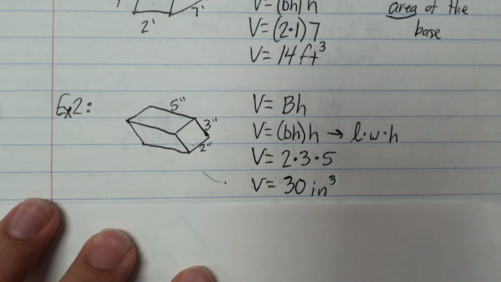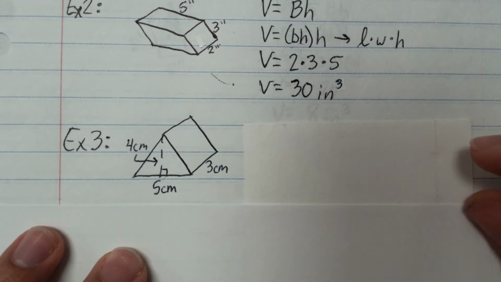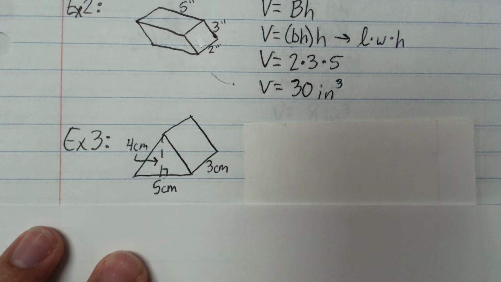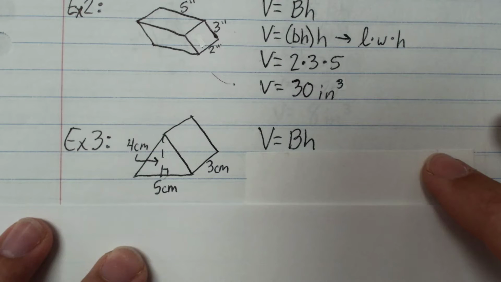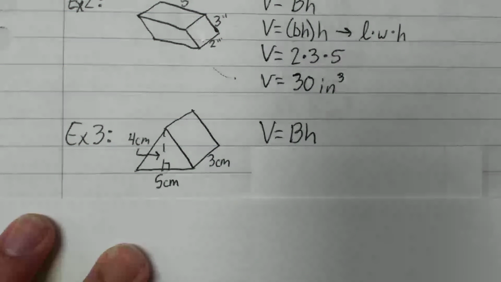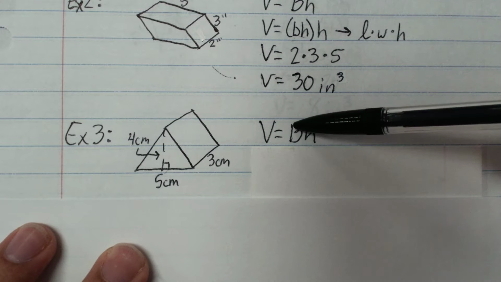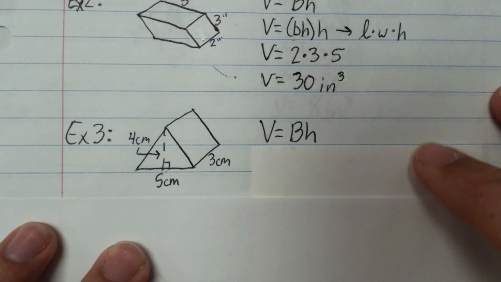Okay, now we're going to move on to this little tent looking thing here. Of course, this is a triangular prism. It's still going to use the same formula for a prism. However, what changes is the shape of our base. And since the shape of our base changes, the formula for finding that area changes also.